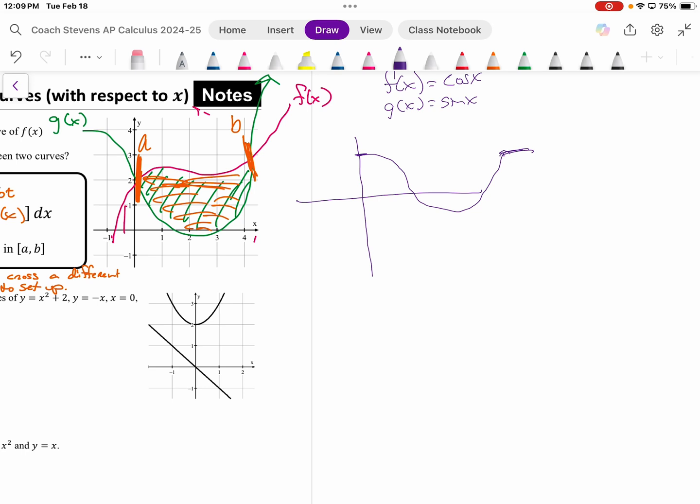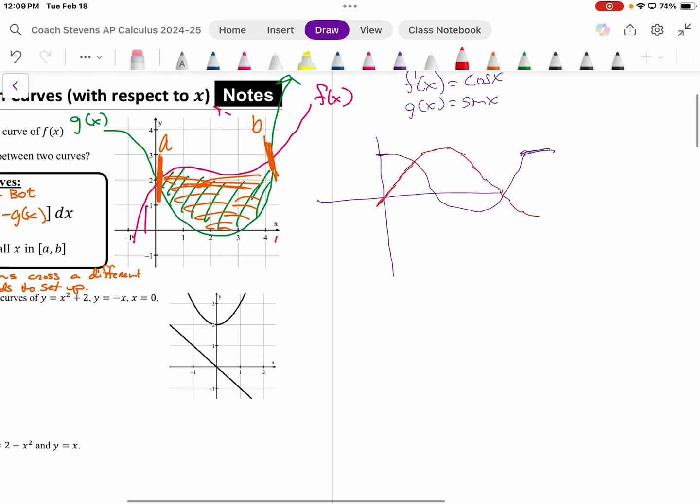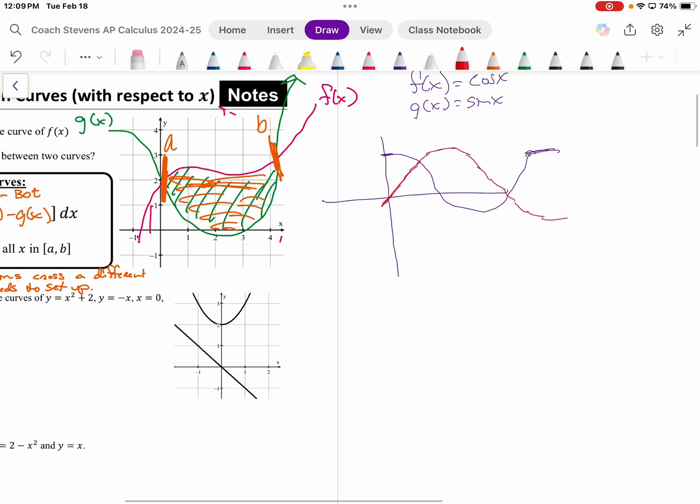And then sine x starts at the origin, comes up, and then goes down and so forth. So an example of when I would set up different integrals would be if I asked to find the area between these two functions.